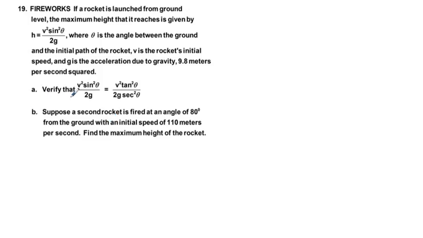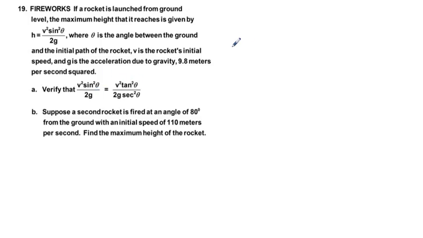Part A being verify that v squared sine squared theta over 2g equals v squared tangent squared theta over 2g secant squared theta. If you look at this equation, you have v squared over 2g, which is common between these two sides.